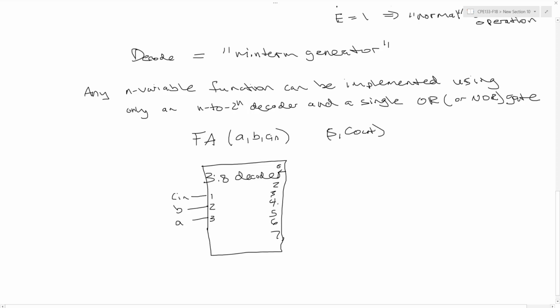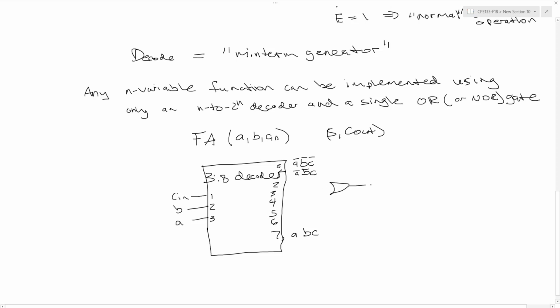And now each of these outputs corresponds to one of the minterms with these three variables. So 0, 0, 0 corresponds to when I have A naught, B naught, C naught. 7 corresponds to when I have 1, 1, 1 on each of these, so A, B, C. 1 corresponds to A naught, B naught, C, and so forth.